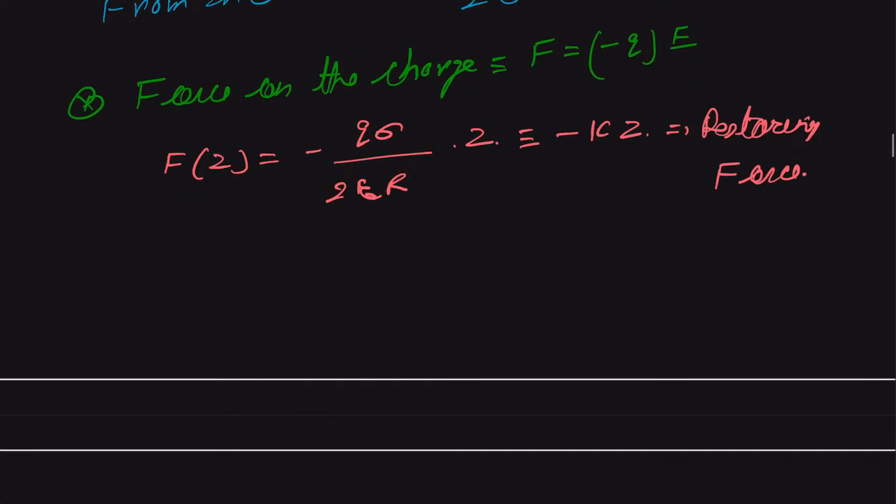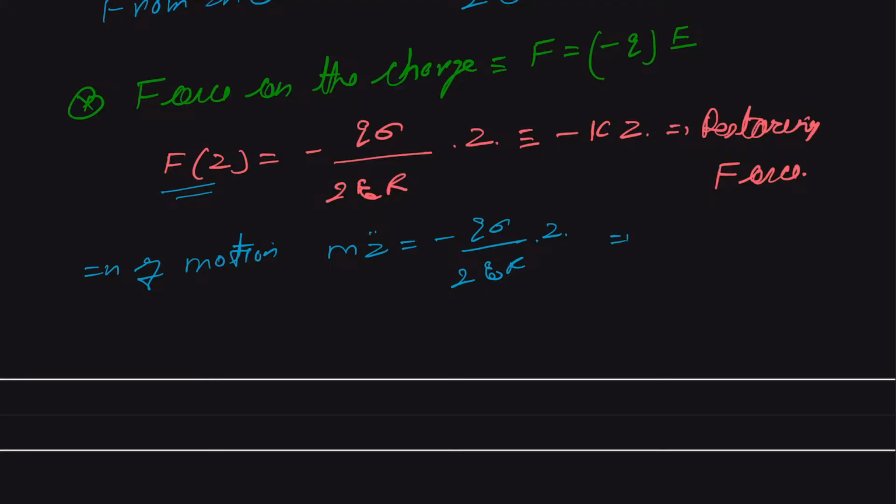Now we can write the equation of motion. This force is going to produce acceleration. So in terms of z, we can write this as m times the double derivative of z is equal to minus q sigma upon 2 epsilon naught r times z.